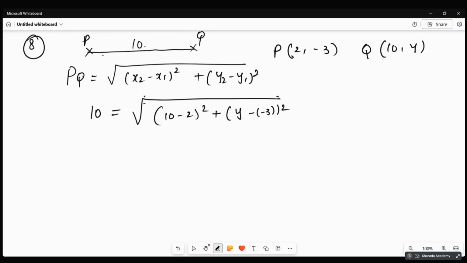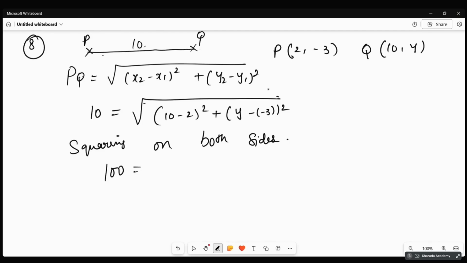Now, see, root is there, simplification is difficult. So squaring on both sides. Whenever you are trying to do some mathematical simplification, you have to do it on both sides. Then only it is correct. So squaring on both sides, 10 square will become 100.